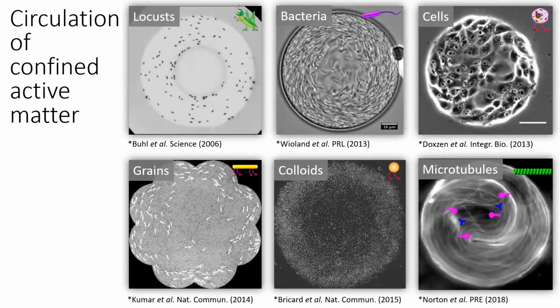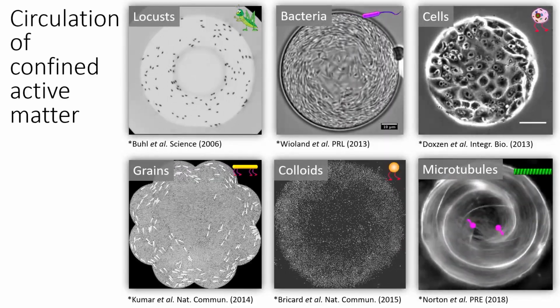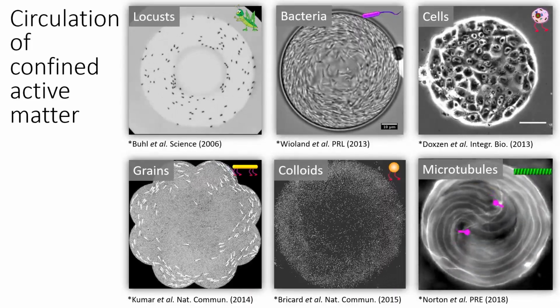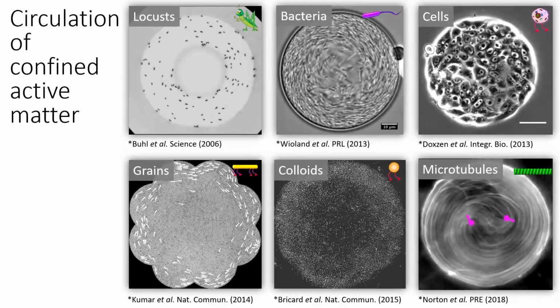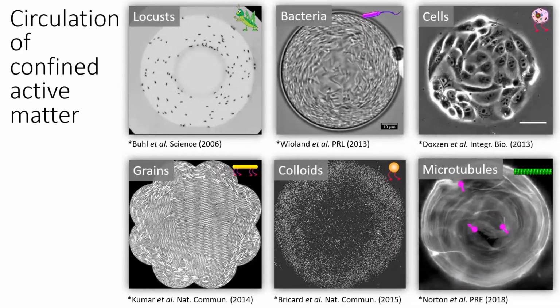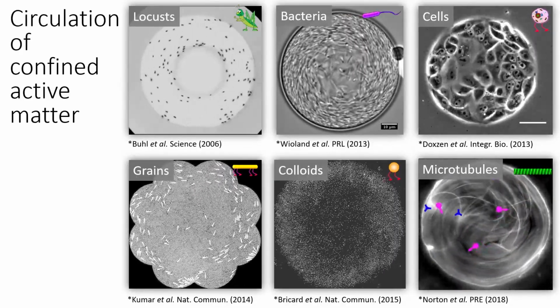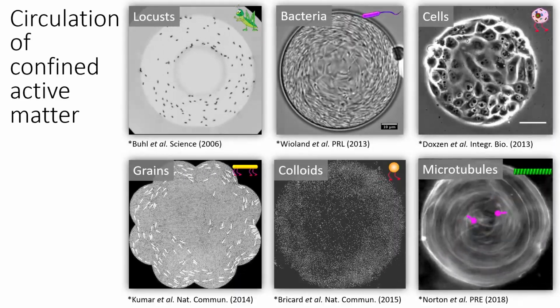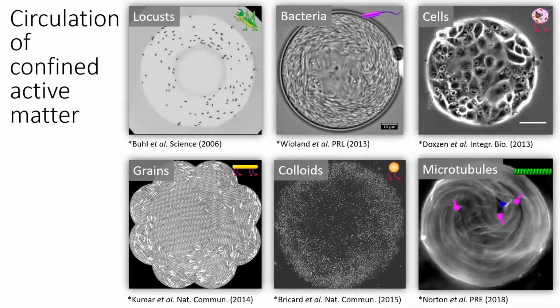This phenomenon is ubiquitous and has been found in many active matter systems ranging from insects, bacteria, cells, grains, colloids, and even microtubules. In this talk, we are going to focus on spontaneous circulation of our active matter.